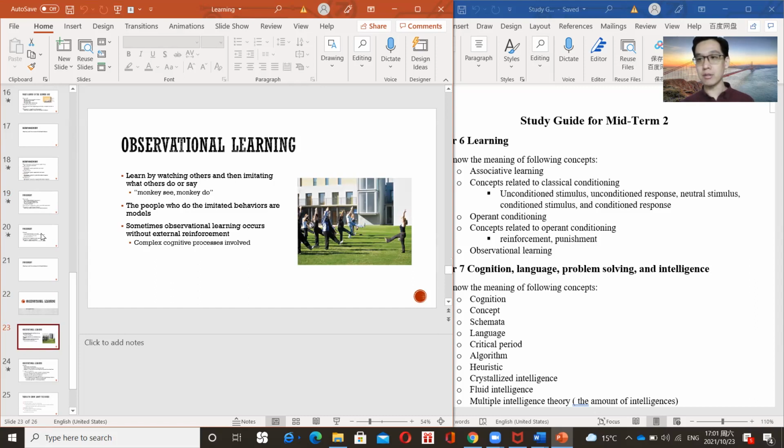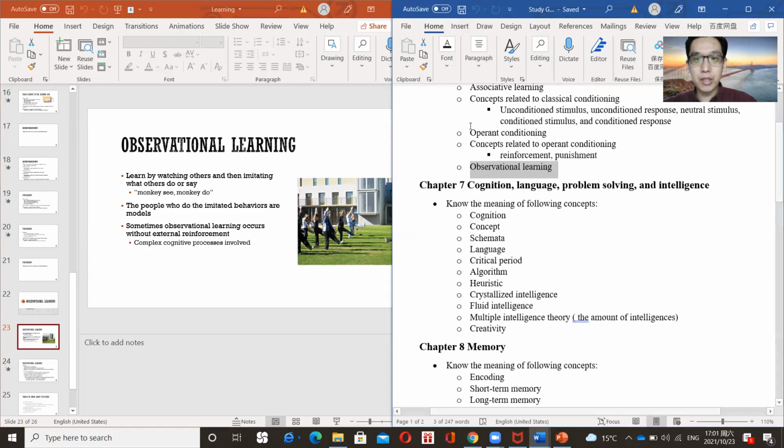Learn by watching. We watch others doing something and we learn from them. That is observational learning. That is really frequent for humans to learn something. We don't have to involve classical conditioning to learn something.